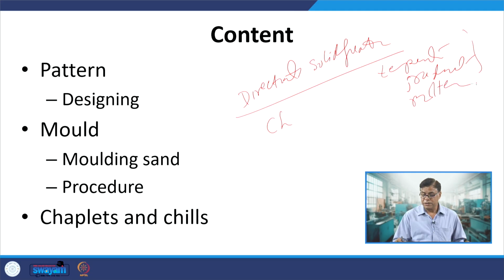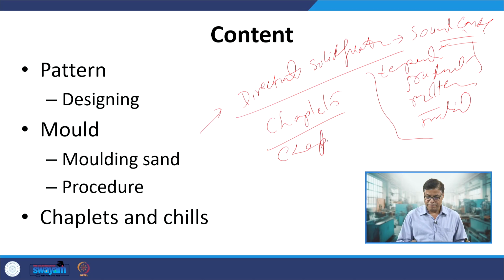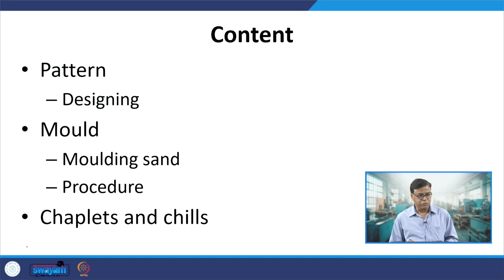A favorable temperature gradient in the molten metal helps in realizing directional solidification, and once this is realized, the chances of realizing a sound casting are increased. This suitable temperature gradient is realized with the help of chaplets and chills. So, these are the various aspects about which we will be talking.